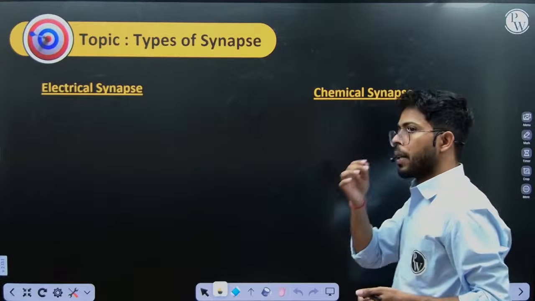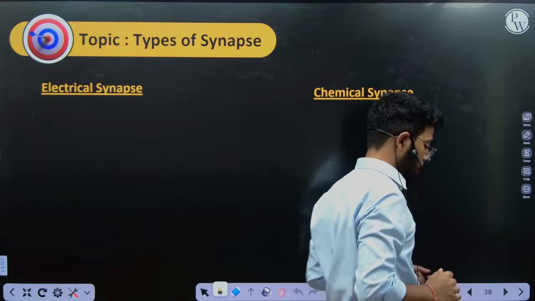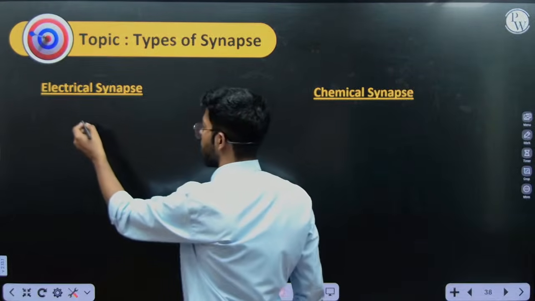Now the types of synapse: electrical synapse and chemical synapse. Electrical synapses are very rare in our body.